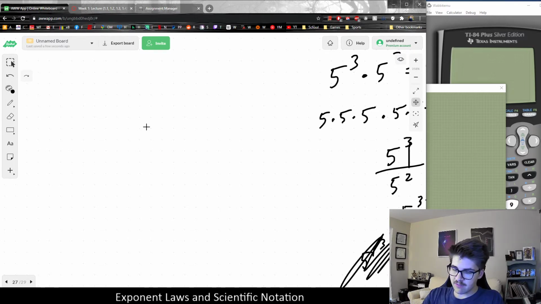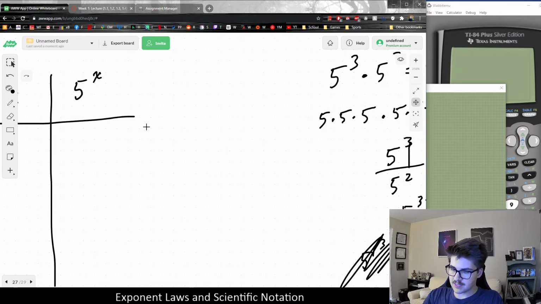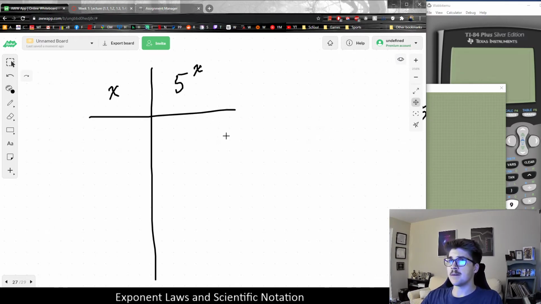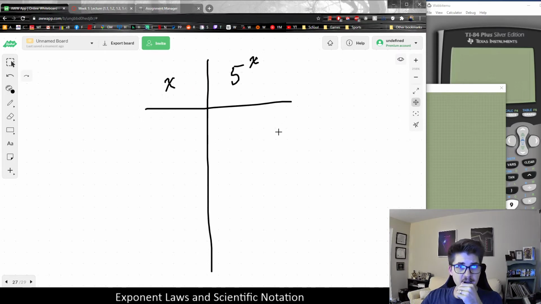And what I'll do is think about a table. In the table, let's say I was thinking about a particular exponent, which I'll just call x. And then in the right column, I'll think about what 5 raised to that x power looks like, and set it up as a series of patterns, where I'm looking at 3 or 2 or 1 or 4.